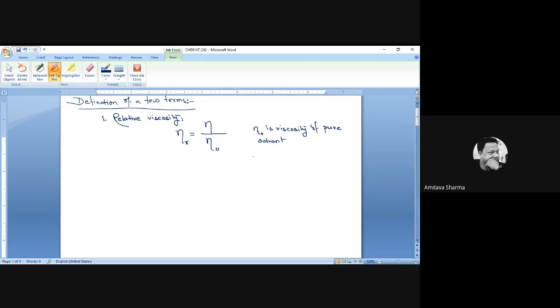So from equation 12 that we have derived yesterday, I will write the equation once more: eta equals eta 0 plus B times c2 plus C times c2 square plus dot dot dot. This is equation 12 actually, in our previous discussion.